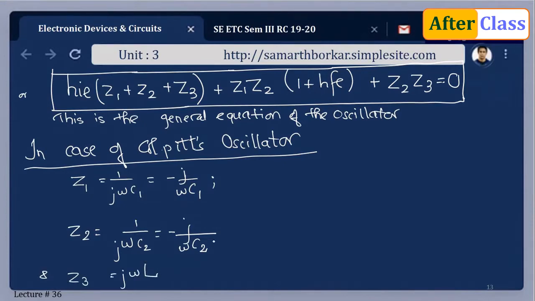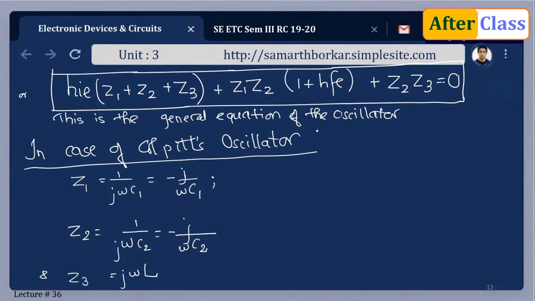Now what we need to do is substitute this Z1, Z2 and Z3 in the general equation. If the question is asked, derive the frequency of oscillation for Colpitts oscillator, draw the circuit diagram, explain the construction, explain the working in brief, and then you start.